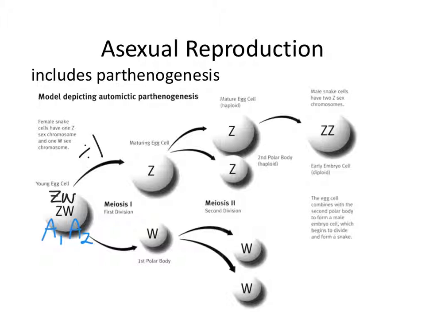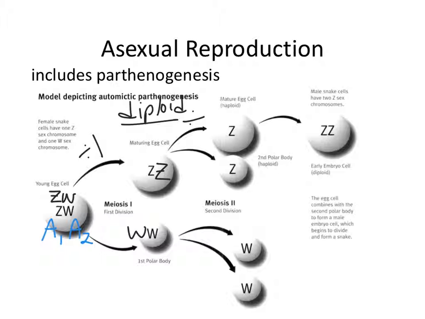So right before meiosis 1, there would be 4 copies of that. There would be 2 Z's and 2 W's inside that cell. It's the first step of meiosis, synthesis. And then after the first division, the two Z's would go into one daughter cell, the two W chromosomes would go into the second daughter cell. So we temporarily have diploid cells.